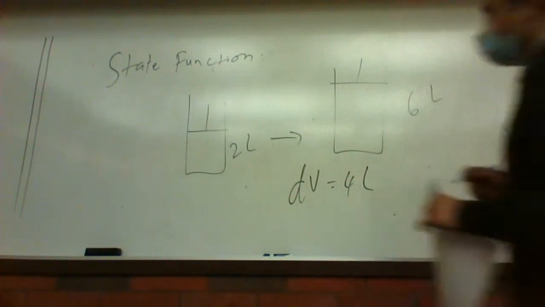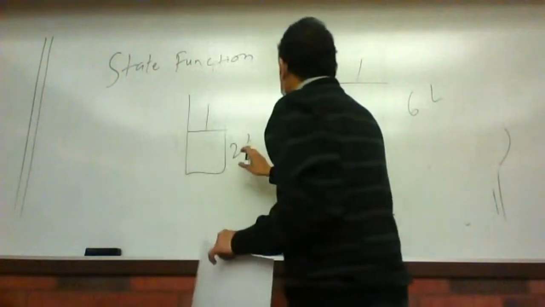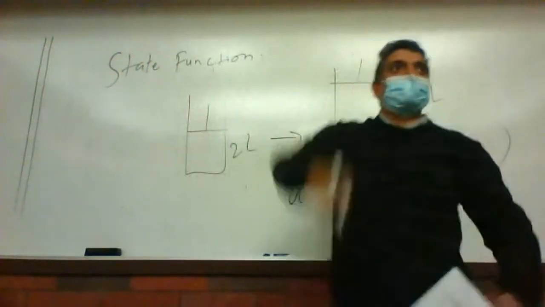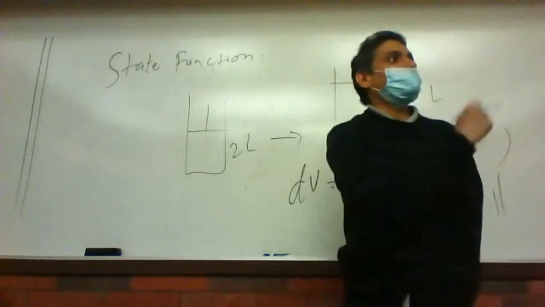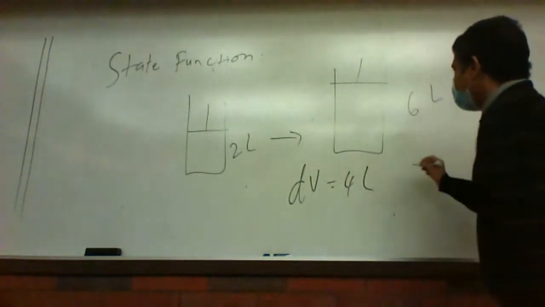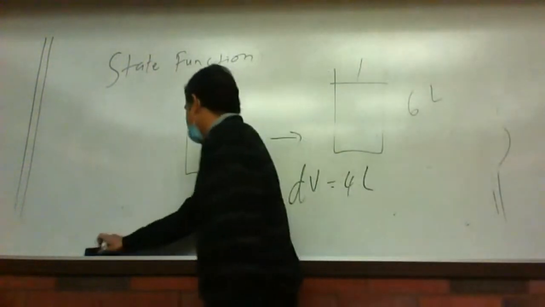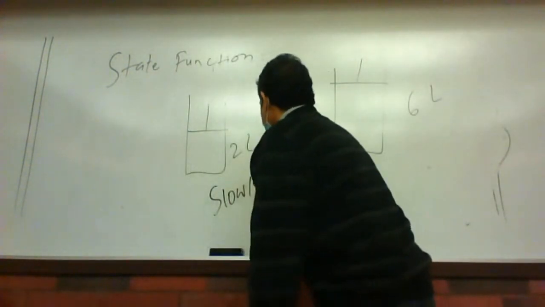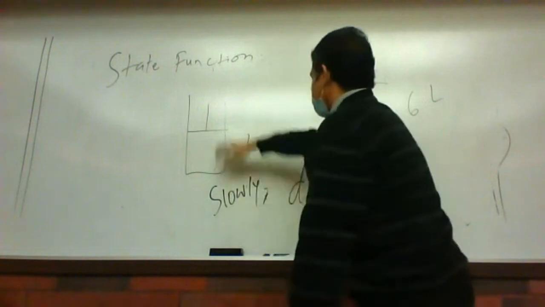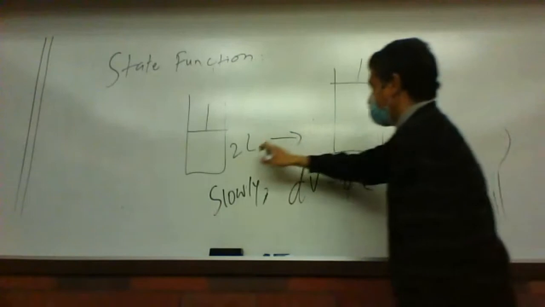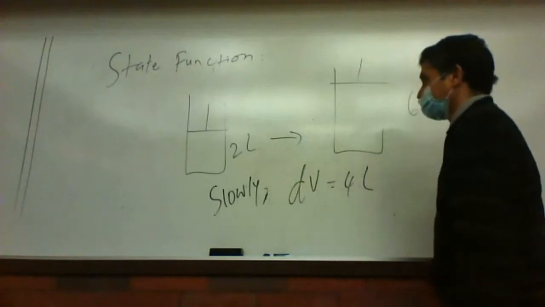Now you could do it another way. Here is a 2-liter volume, and you suddenly pull it up within 1 second. You can do that too, right? Before, we did this expansion very slowly, and the volume change is 6 minus 2 liters.